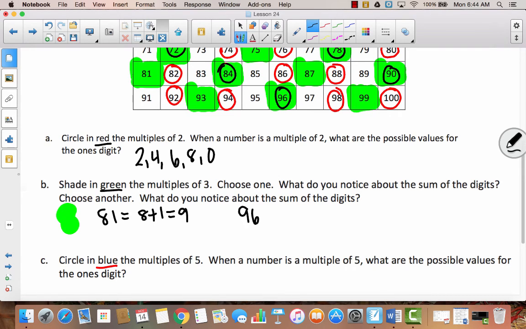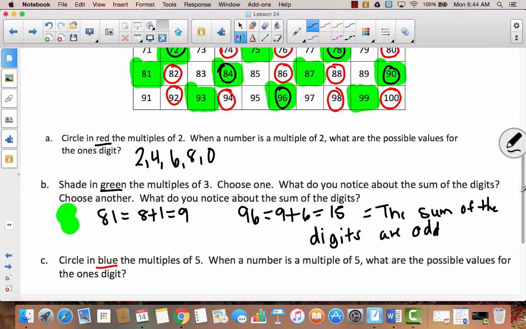So 96, so I've got 9 plus 6 equals 15. So what do you notice about 9 and 15? Well, they're odd. That's what I notice. So the sum of the digits are odd. Did you pick two different numbers, and were the sum of your digits odd too?